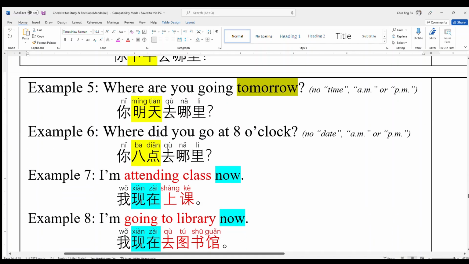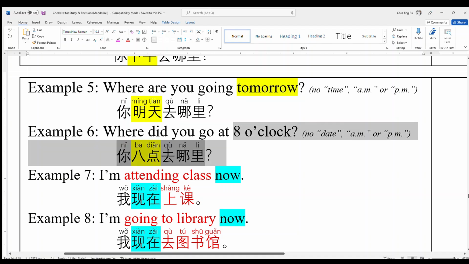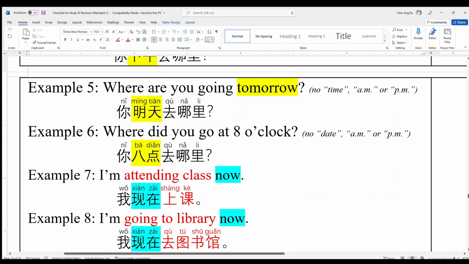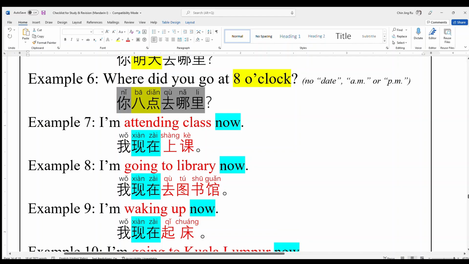Where did you go at 8 o'clock? This one doesn't mention day, doesn't mention the AM or PM. So you can also ask like this as well. 你8点去哪里? Okay. Listen and repeat. 你8点去哪里? Yeah. So here are some of the examples lah, yeah.